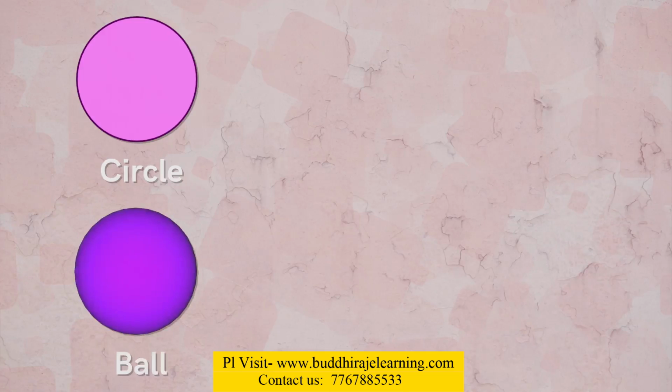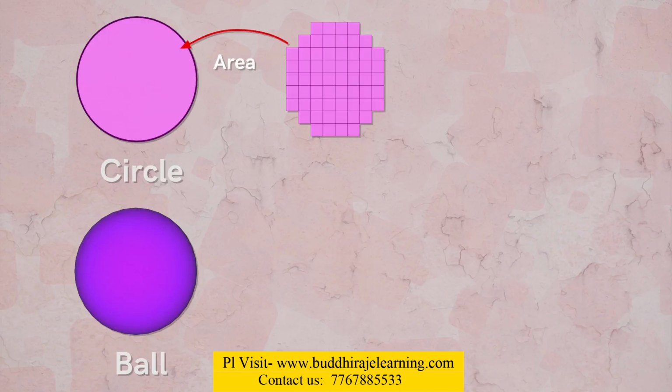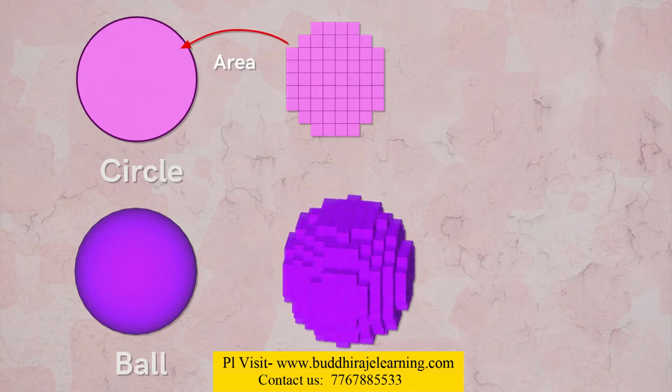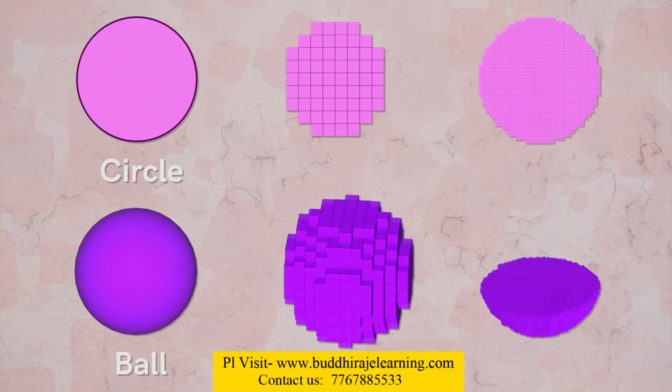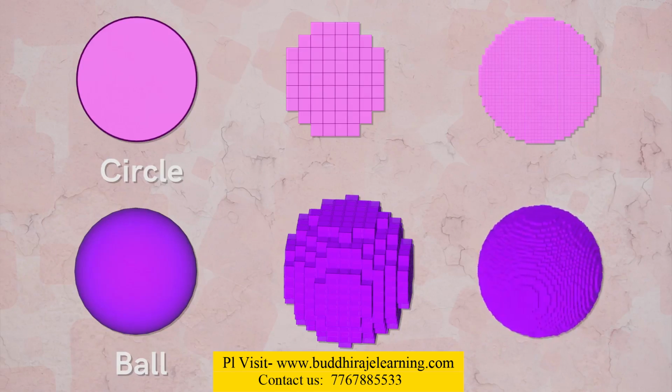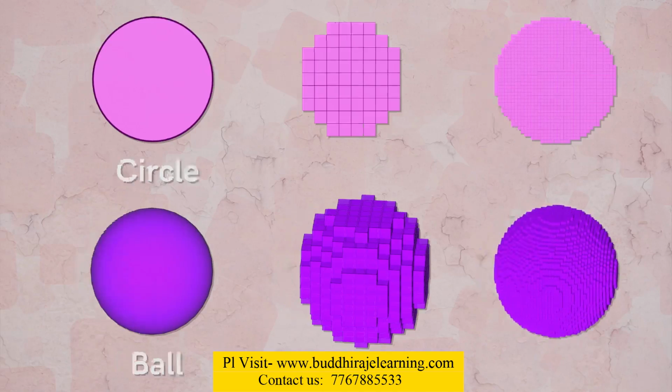As we can find the area of a circular part by making small squares, similarly we can find the volume of any round ball or object by making small cubes. We get more accuracy in the area of that figure the more small squares we draw. In the same way, the smaller the cube, the more accuracy is gained while finding the volume.